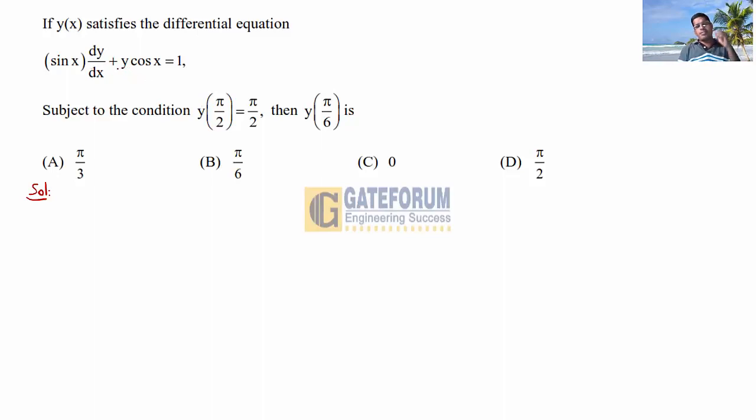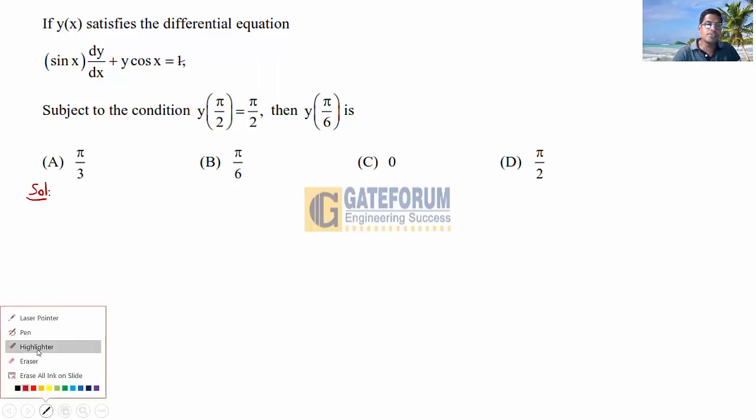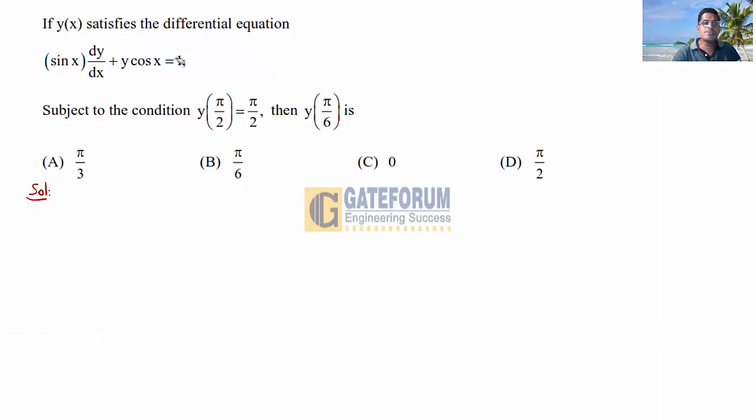To check whether it is linear, y is the dependent variable with power 1, there are no other y terms, dy/dx has power 1, and y and dy/dx are not multiplying. Whenever these conditions are satisfied, it is a first order linear equation.